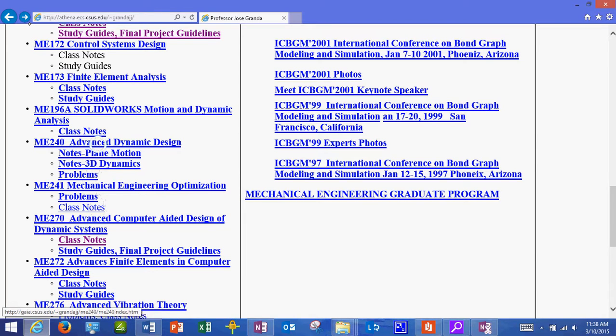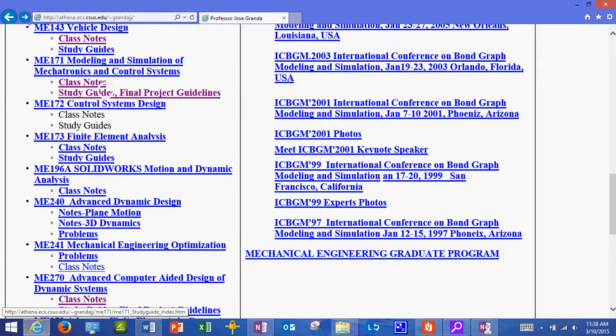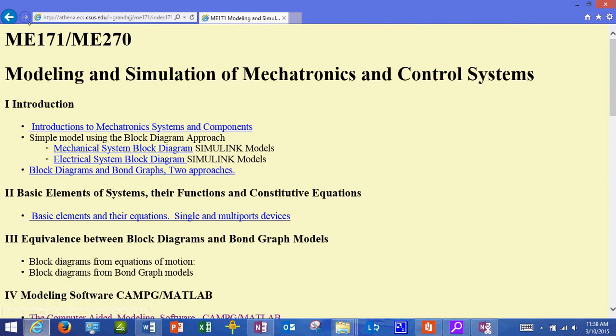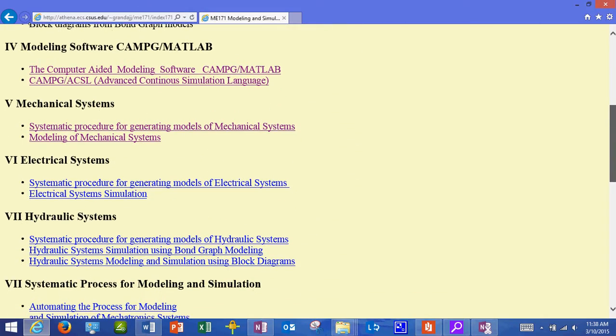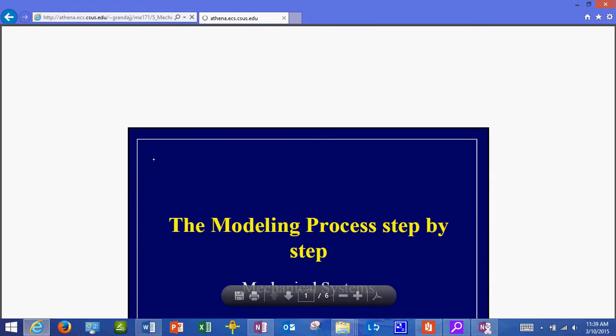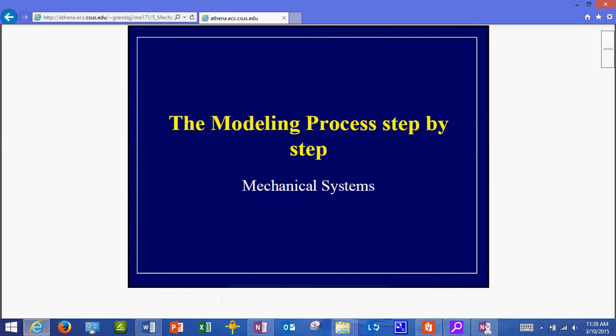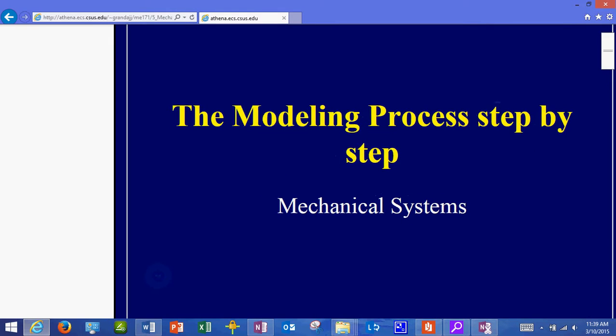Okay, you're here on ME 171, which is right here. Okay, and what we want is to go to class notes in here, and in here let's go to the mechanical system. Okay, and I call it modeling step by step.